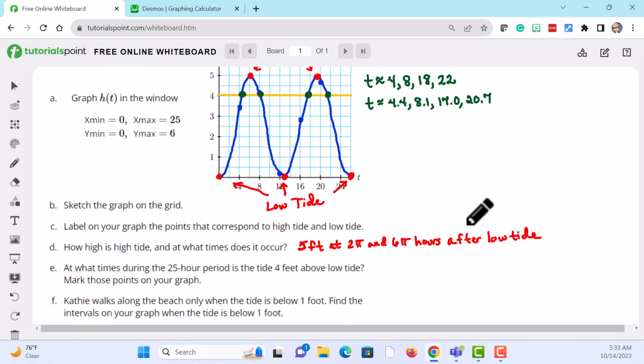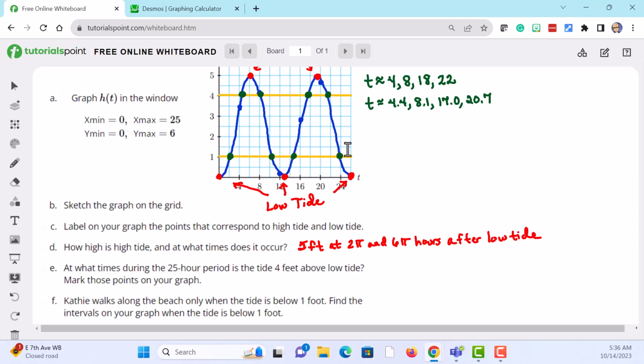In part F, it says that Kathy walks along the beach only when the tide is below 1 foot. Find the intervals on your graph when the tide is below 1 foot. We can approach this one similarly. This time, instead of drawing a horizontal line at 4, we'll draw one at 1. And we mark the intersection points on our graph.